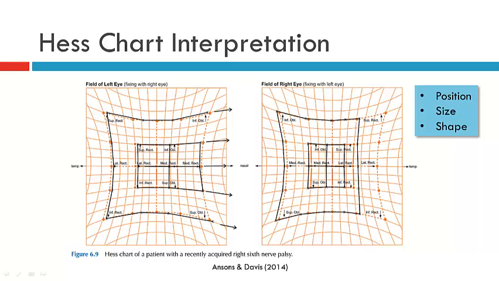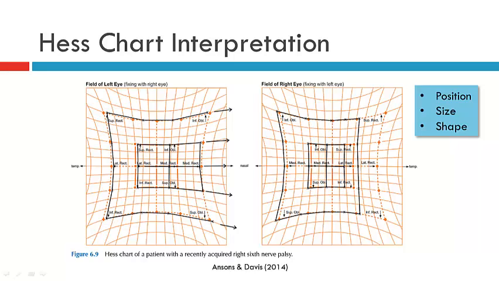I'll talk to you more about why this is the case in a subsequent video, about why it is that when the patient fixes with one eye, they have a greater deviation as compared to the other. But at this point, it's sufficient to understand that the smaller field belongs to the affected eye.